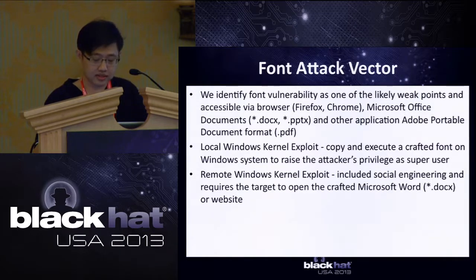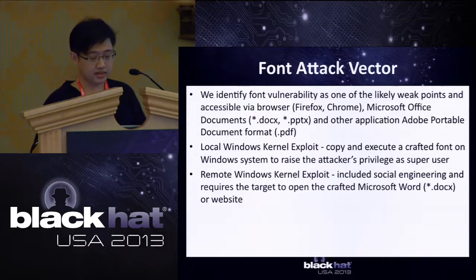Of course, the local Windows kernel exploit is always the most straightforward, by copying and executing a crafted font on the victim computer. And a remote attack is possible by using a little trick to embed the crafted font in an Office Word file or a web page.